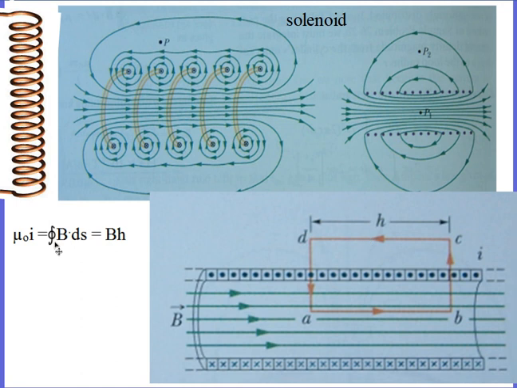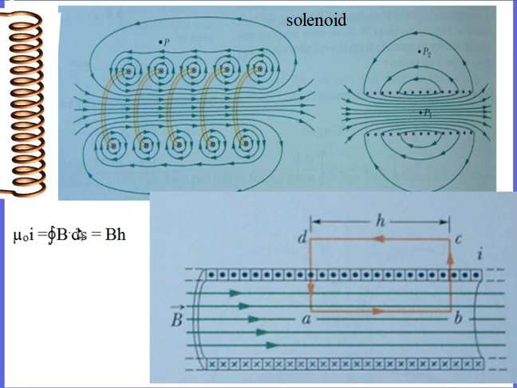So when I'm going around my loop, I get no contribution there. B is zero there. Here, along this part, it's going through a magnetic field of zero. Here it's going perpendicular to the traversal. The ds is perpendicular to the magnetic field. So when we dot product, we get a zero there. So we get zeros along that edge and that edge and that edge.